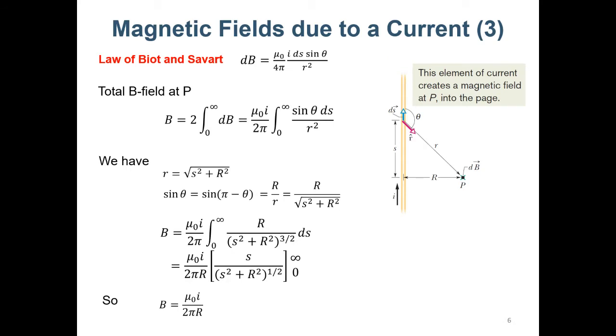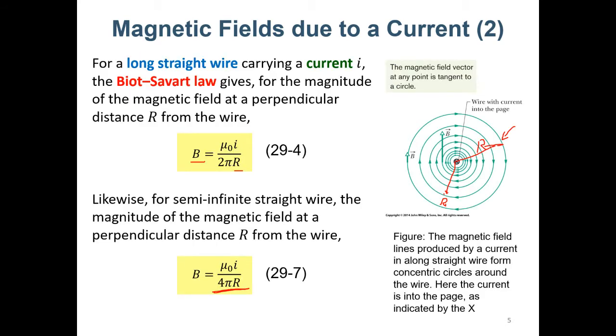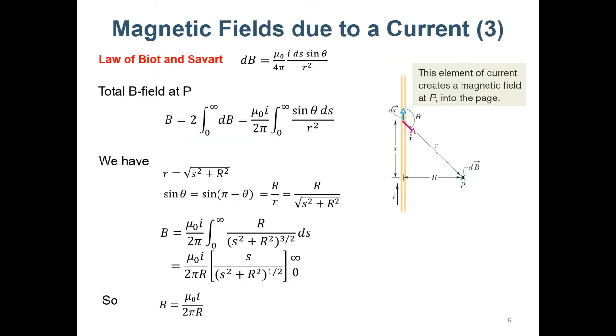So this is the derivation of this one and this one. Actually, you can simply imagine this is symmetric. So if you have this one, then this will be acceptable.